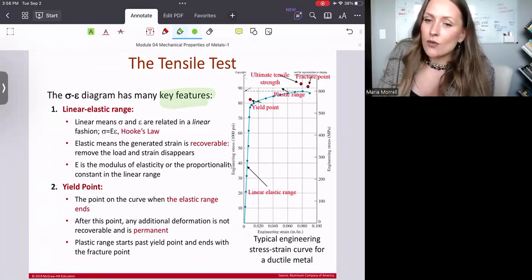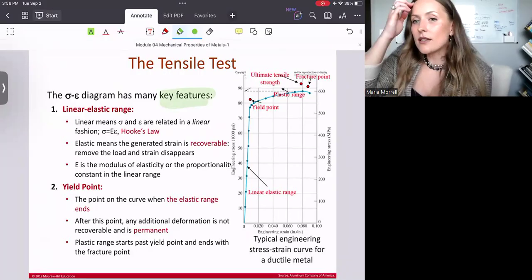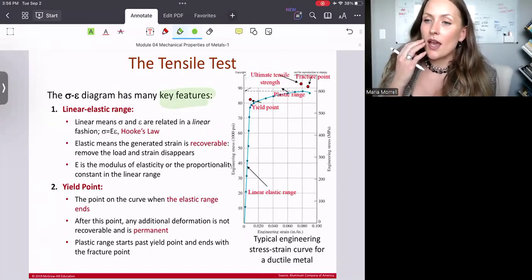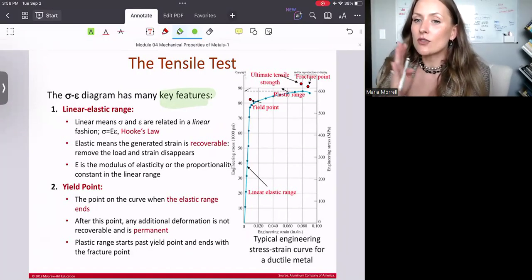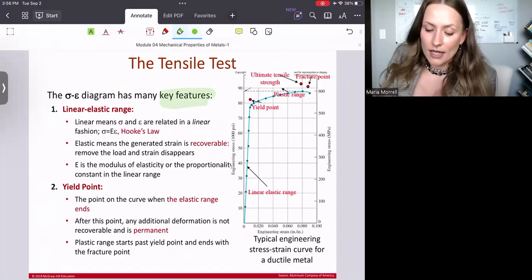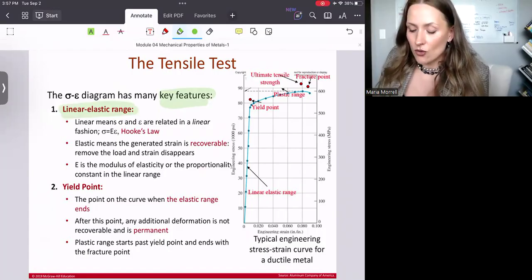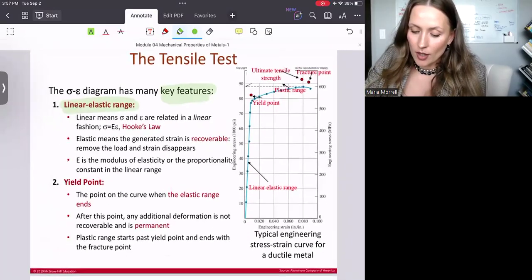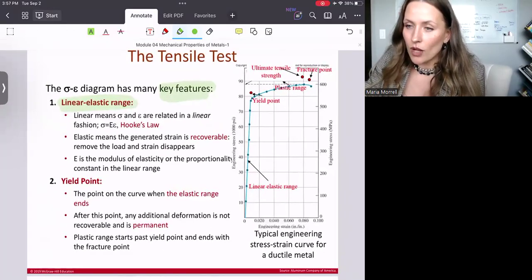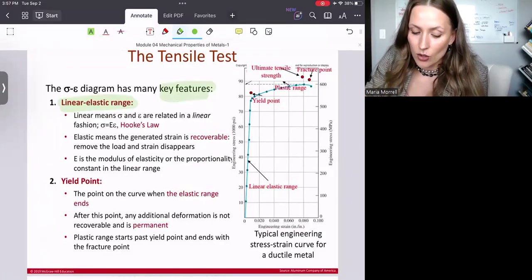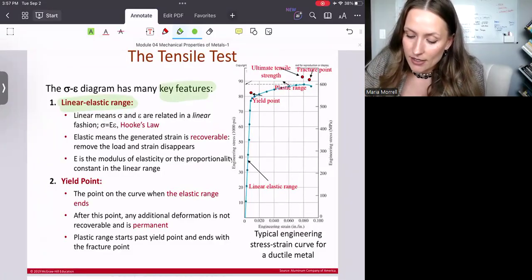Now, first we need to understand that in the tensile test, there are two different regions: a linear elastic range, and then a plastic range, okay? And I will be drawing everything while referring to the diagram on the right. So the linear elastic range, and some of you may have noticed it, is going to be this line right here.